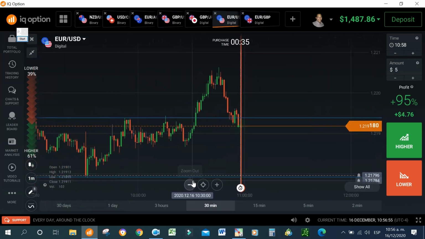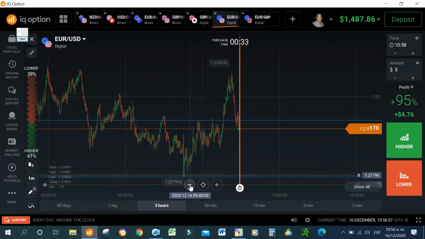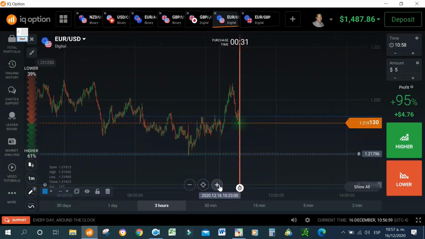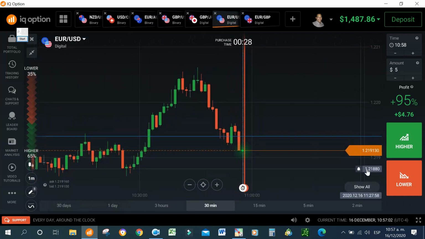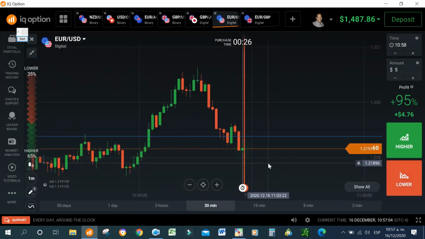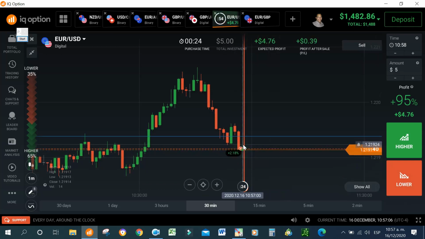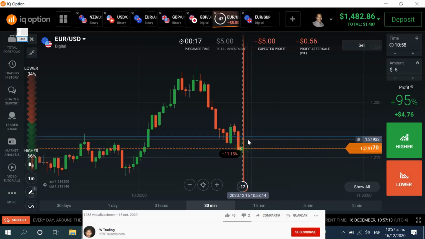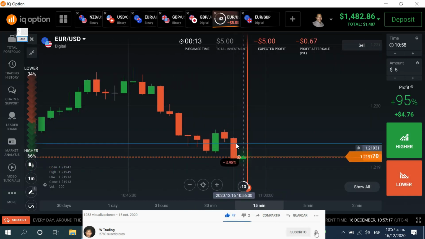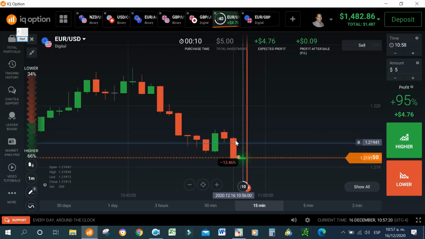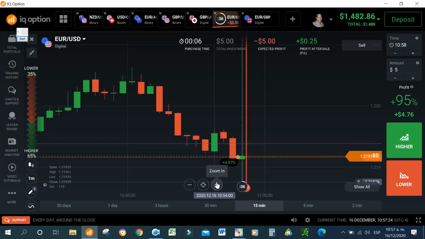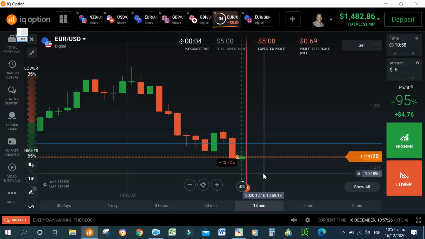And here we go again. The price is breaking down an important level, so we can make an entry here. Yes, and if the price goes back a little bit up, I can make another entry. This candlestick is very bearish, so it's very defined to the downside.